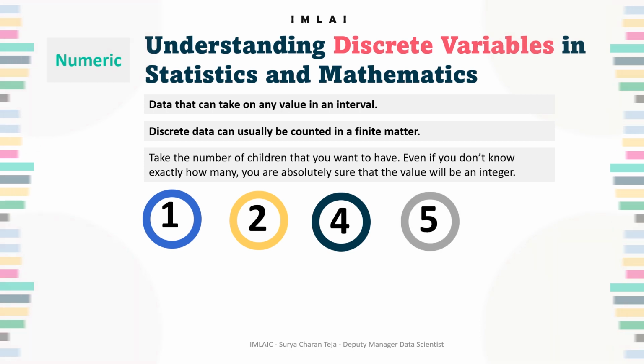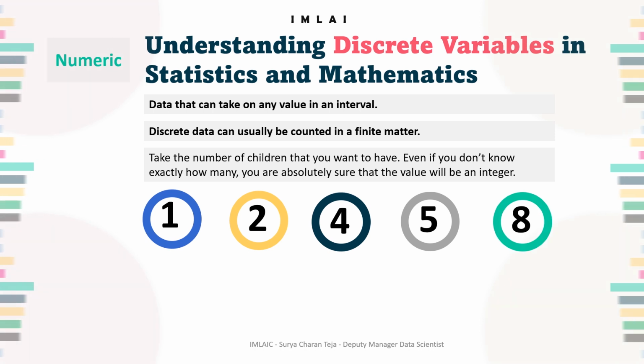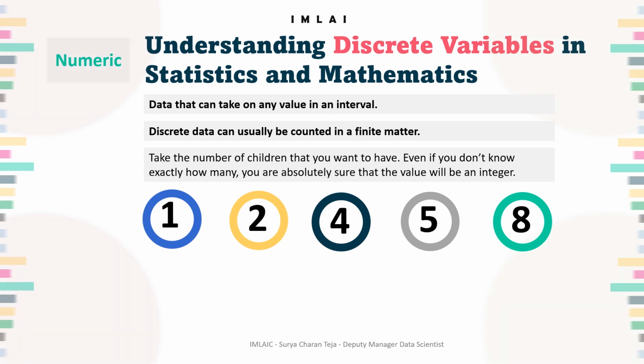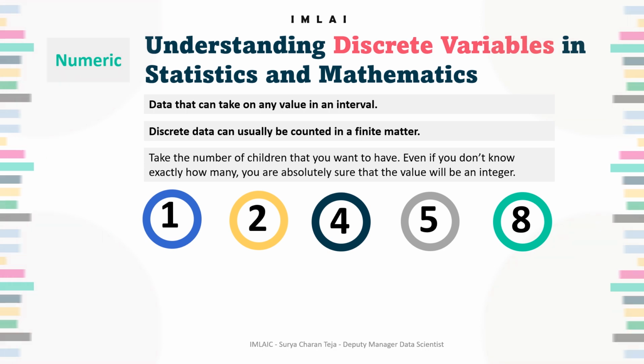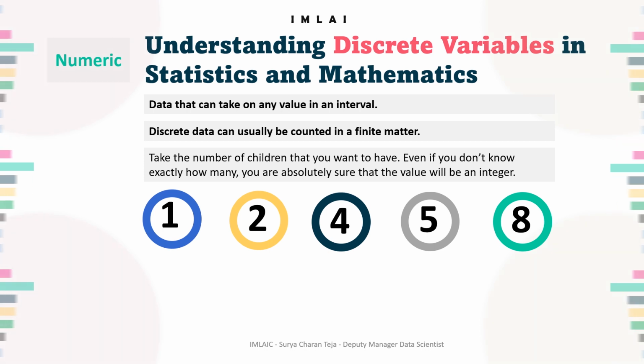But for me 4 or 5 is fine, sometimes 8. You're not sure how many you want, but you're absolutely sure that the value will be an integer. It could be 1, 2, 4, 5, 8. It's not 1.5, not 2.5, not 3.5, not 1.125. This kind of representation of any feature is known as discrete data.